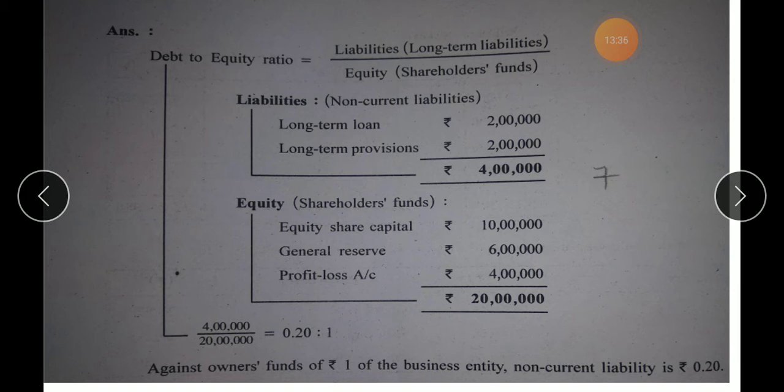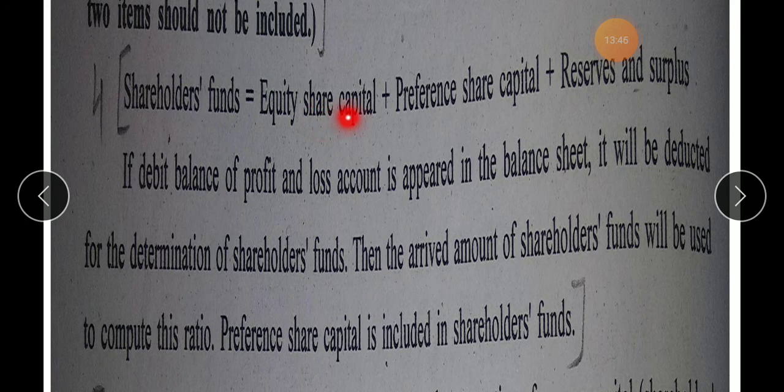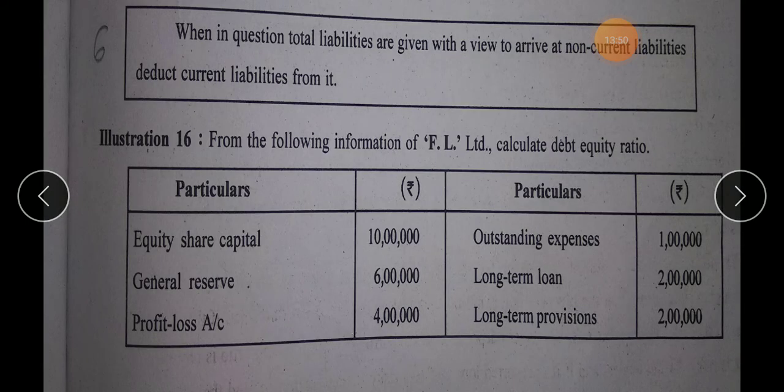The second thing that you want to obtain is shareholders' funds. So shareholders' funds, what is the formula? Equity share, preference share, reserves and surplus. So in the given question, equity share 10 lakh plus reserves and surplus, general reserve, profit and loss account.